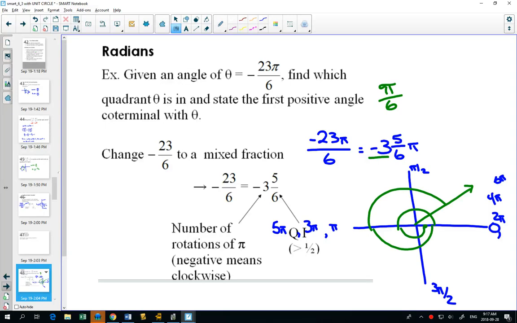Might be a little bit time consuming right now, but it'll get faster. First, you'll have to figure out what quadrant it ends in. Negative 23 pi over 6 ends in quadrant 1. Then, after you figured out what quadrant it ends in, you have to say, what's my family member in that quadrant? Oh, it's pi over 6. I know my unit circle, so I can figure everything out from there.